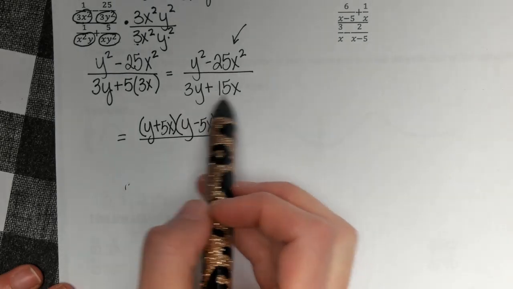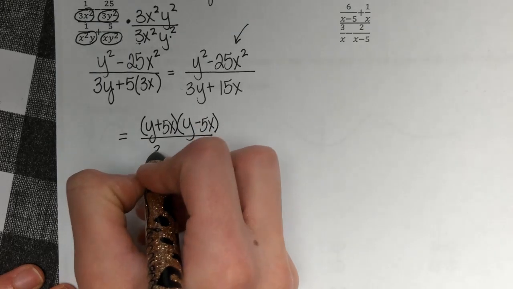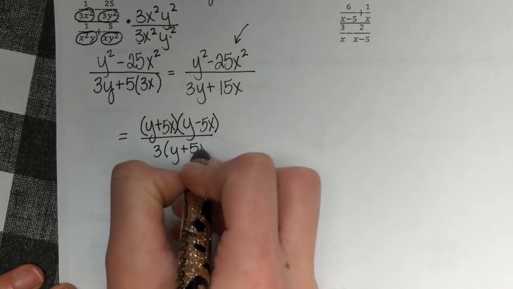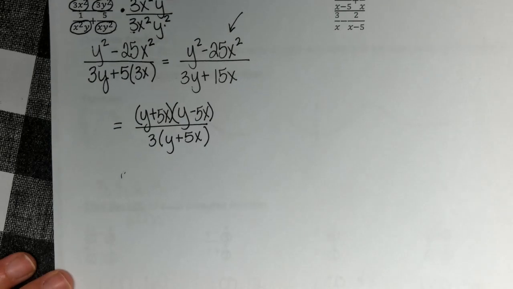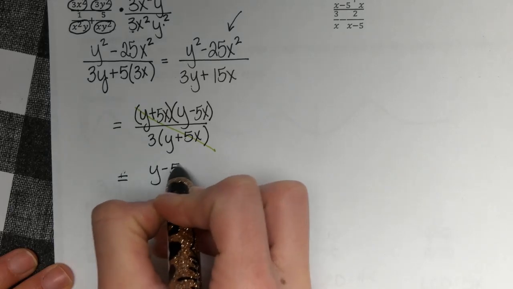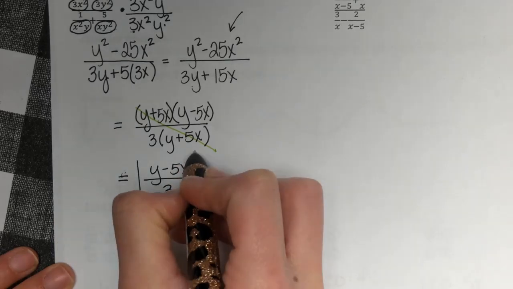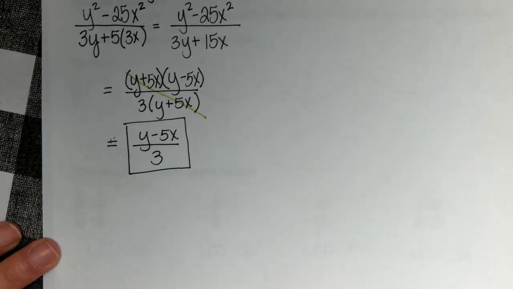Now my bottom, what could I do? Take out a 3. That leaves me with y plus 5x. Now what can I do? They're partying up in there, unlike us. Y minus 5x over 3. Okay?